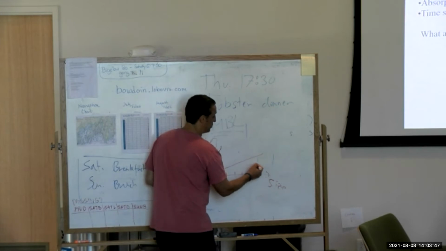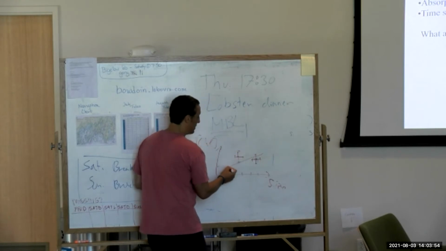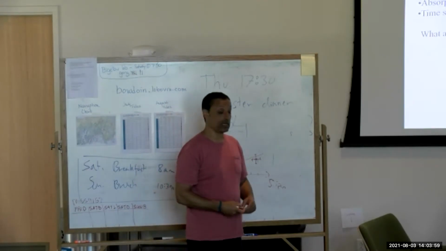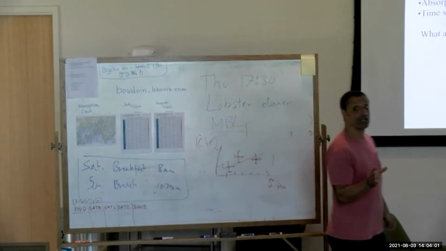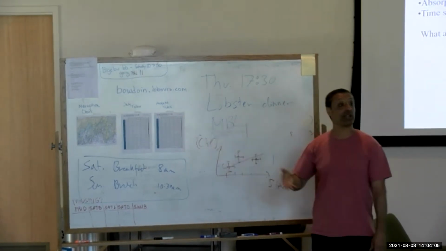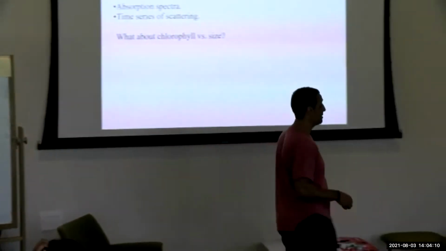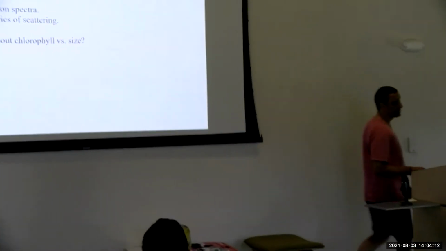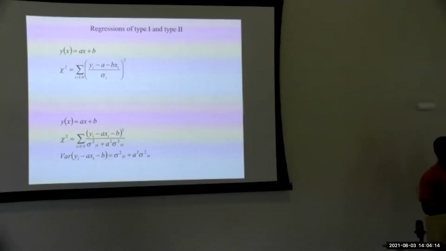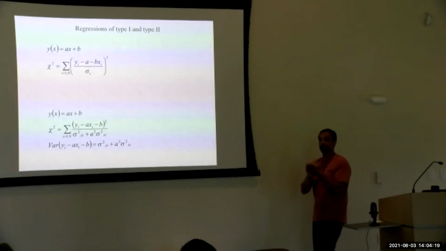Any point has uncertainties in both directions, so I should take into account the fact that size has uncertainty. If I put it into Excel, you can ask it to put in error bars, but when it fits a line, it's going to minimize only in y, because that's what's in most statistical packages. So this is where type 2 regression comes into play.